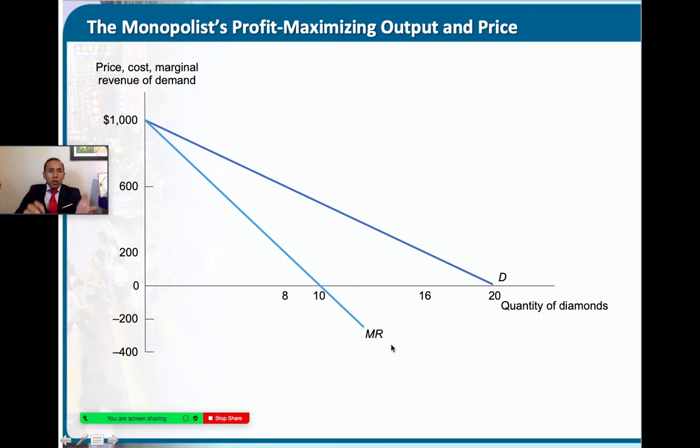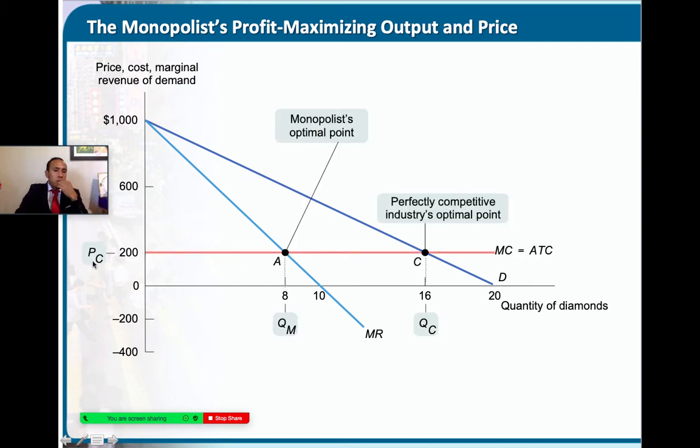If you lower the price of the good, you can sell more, but your marginal revenue will decline as well, and your total revenue will decline. So in this case, we're going to have to operate where the monopoly can generate some profits. Suppose that the red curve indicated here, the marginal cost curve, is equivalent to the average total cost.